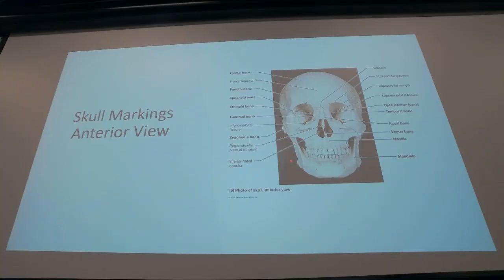And then here, this is the mandibular angle. This is easily felt in our body. And then this is the ramus, this lateral part. And then this is the body. And this foramen here is called the mental foramen.